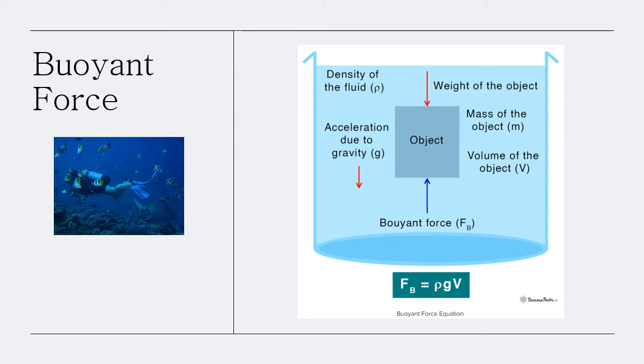Now let's talk about buoyant force. Objects in a fluid experience a buoyant force because of the pressure of the fluid. So buoyant force, buoy means to float. And this buoyant force is the upward force of an object in a certain fluid that is exerted by the surrounding fluid.